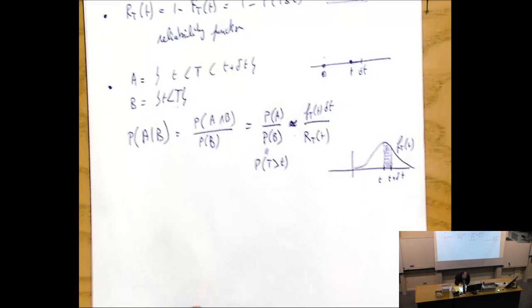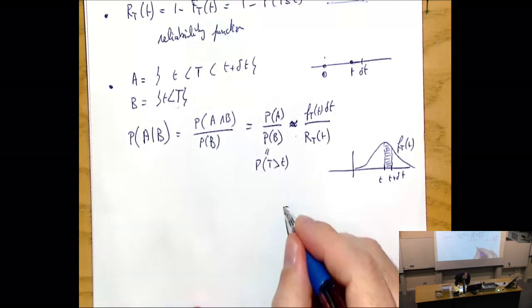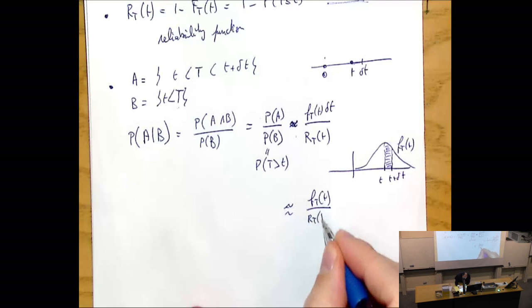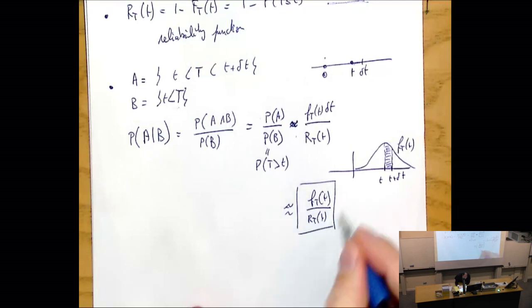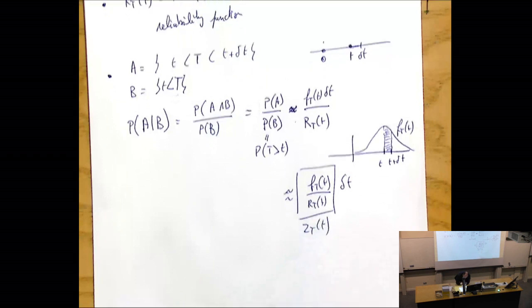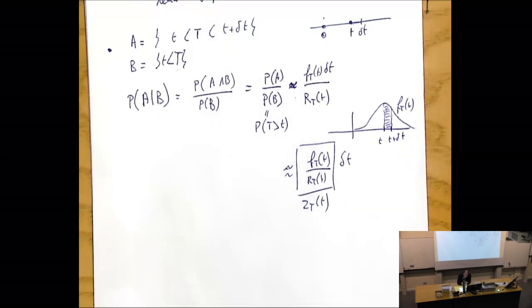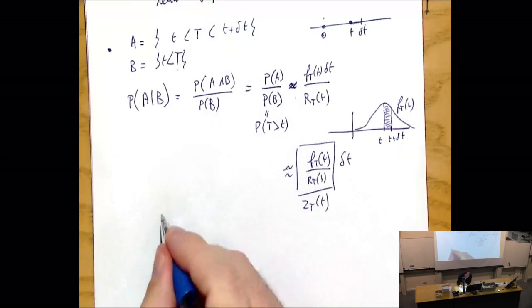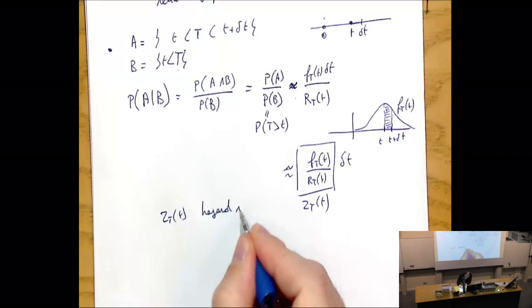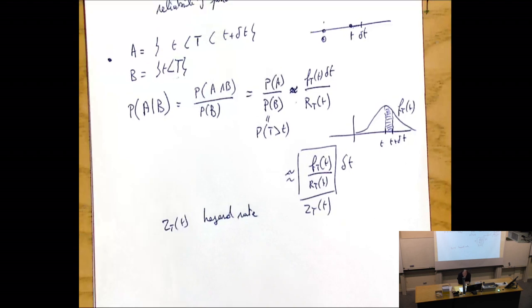Right, so why do I do this? Because I can write this a little bit better. This quantity here is called z of t. This is called the hazard rate. What it means is essentially a measure of how prone the system is to failure at time t.